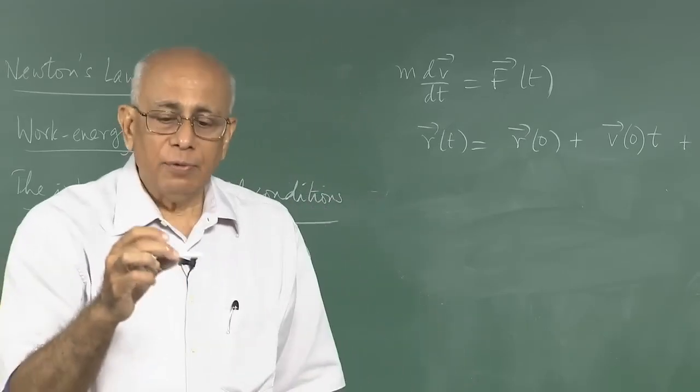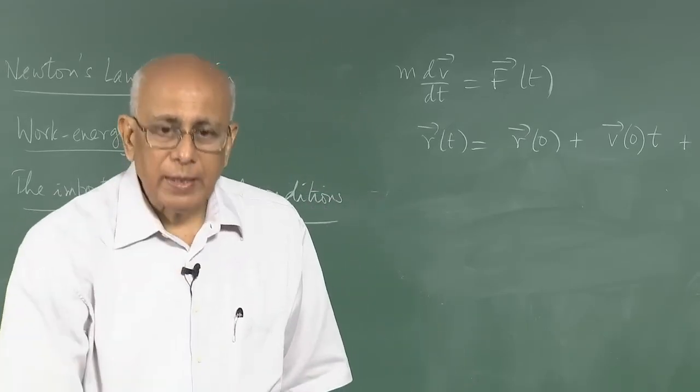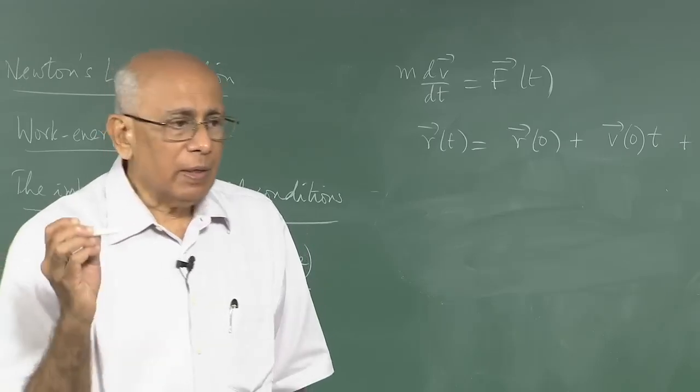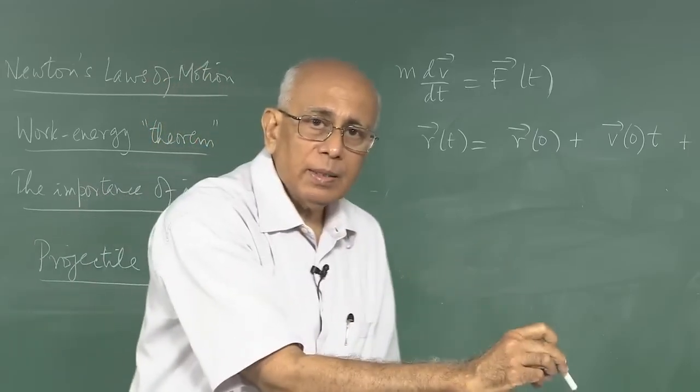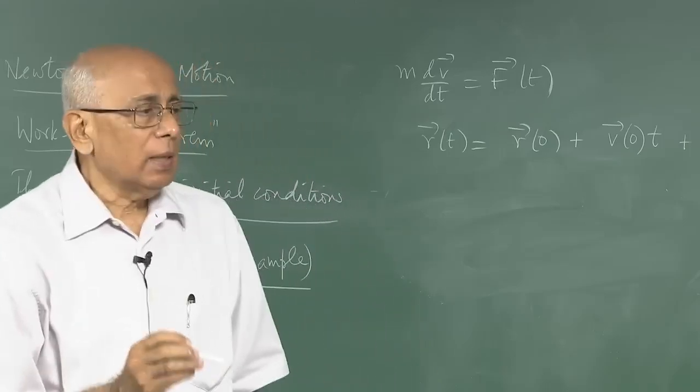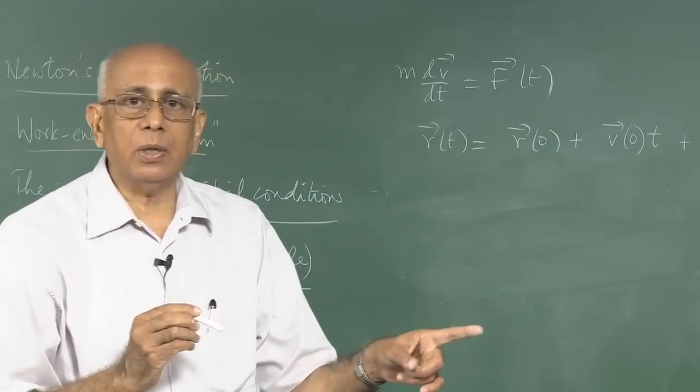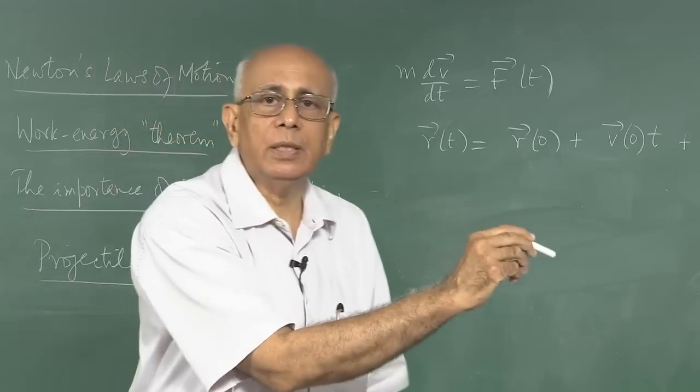The reason is, if I let go from rest, it will fall straight down towards the center of the earth, but if I give it a horizontal velocity initially, then it moves in a parabolic path and falls in a trajectory like a projectile. I give it a slightly higher initial horizontal velocity, it goes further, the range increases.